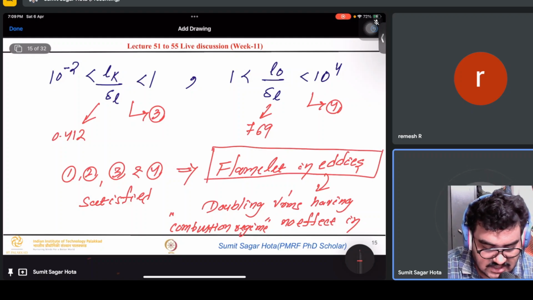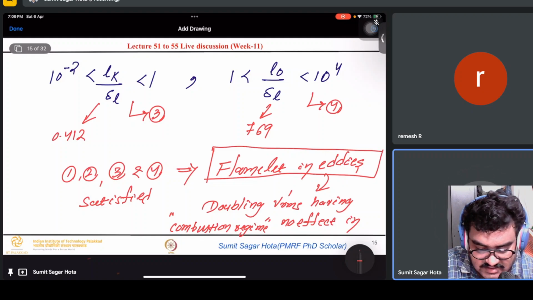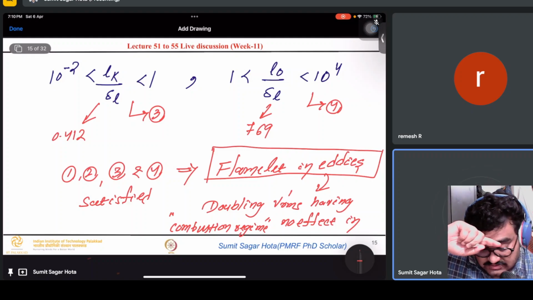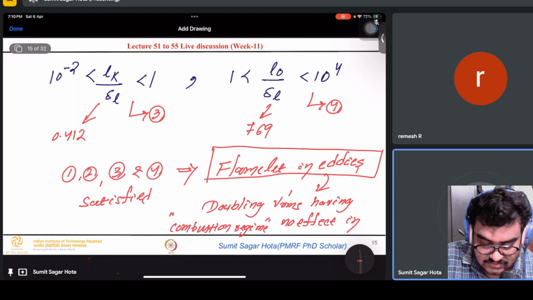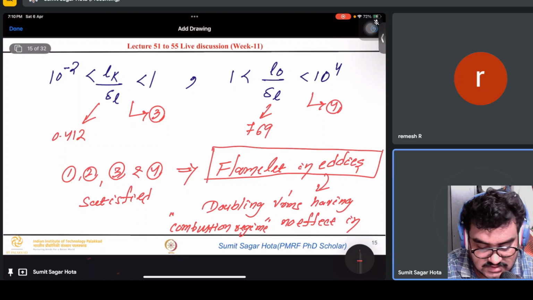Directly they will ask, okay, if doubling the VRMS prime, are the conditions 3 or 4 satisfied? One option they will give. They ask what is the effect of the VRMS prime if doubled or tripled, and you can directly tell: no effect.